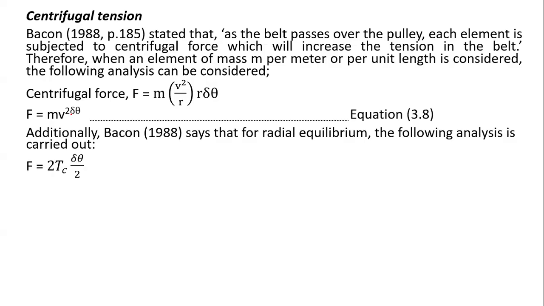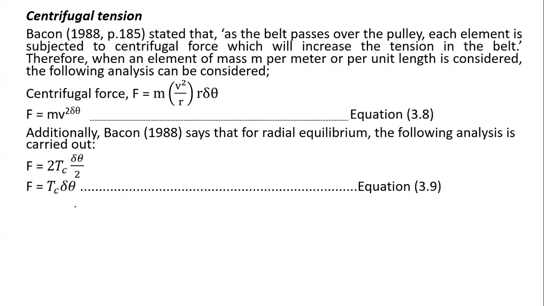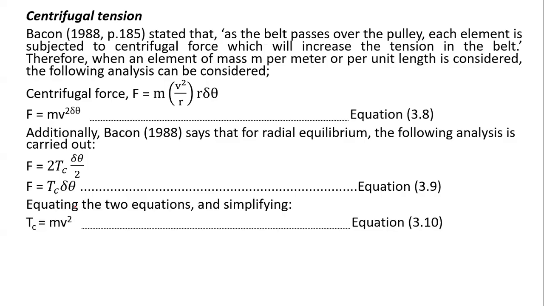So now with that, you see that F is equal to 2 Tc times d theta over 2. So the 2 here can cancel out, and you remain with your F being equal to Tc d theta. And as a result, you just say Tc, therefore, is equal to m v squared, because the thetas will cancel out.